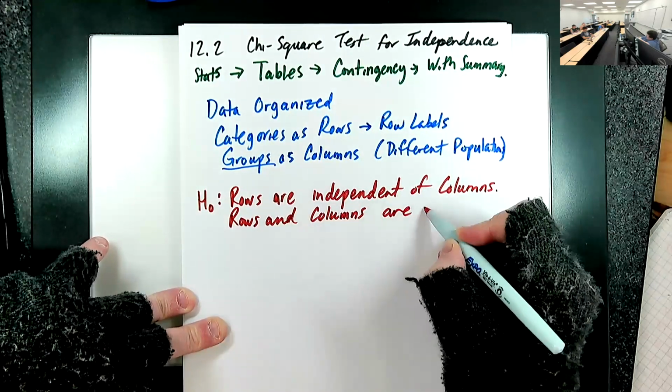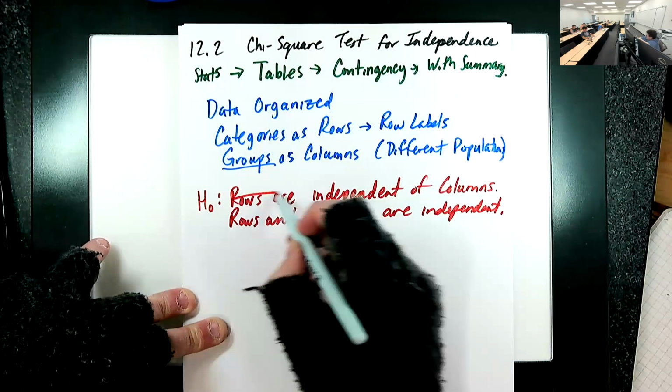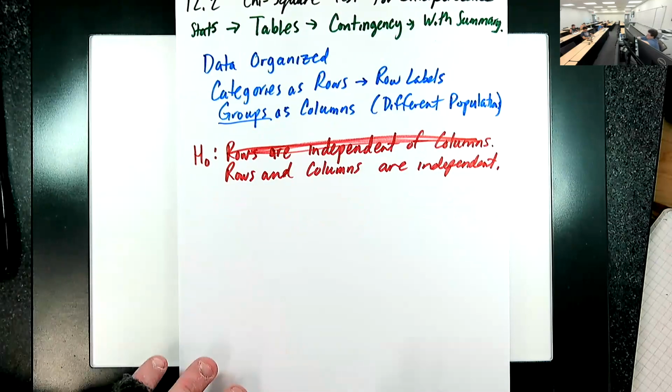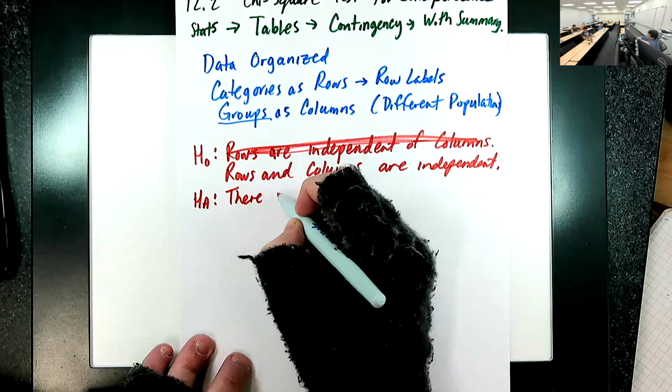That's probably a better way of saying it, because it sounds like one is checking for the other. I'm going to go with the latter one. HA is there is some form of dependence.